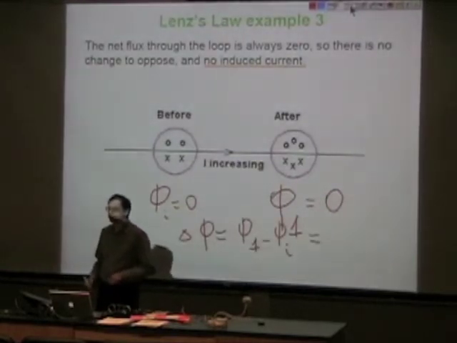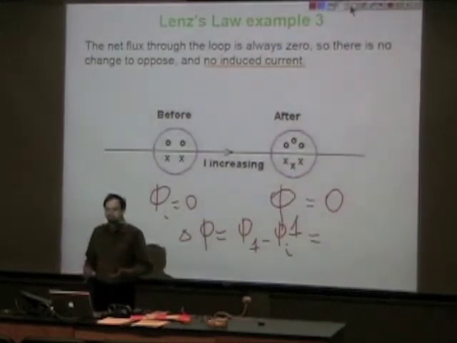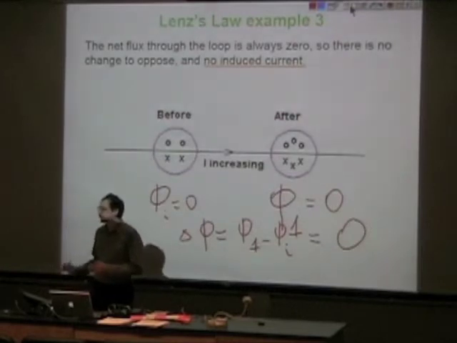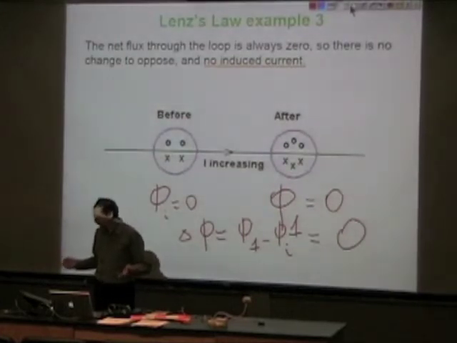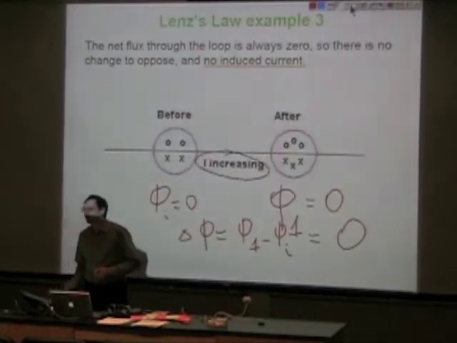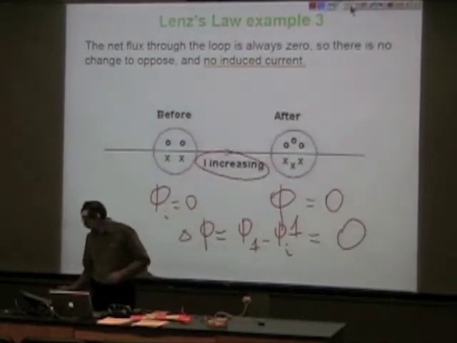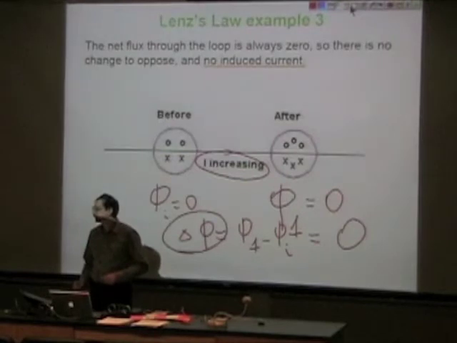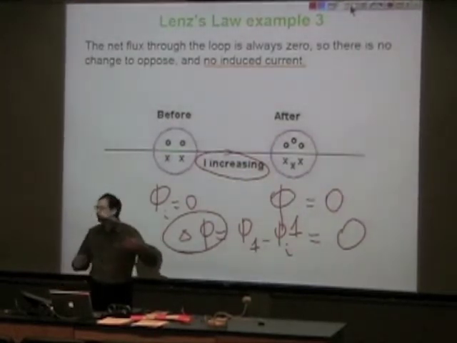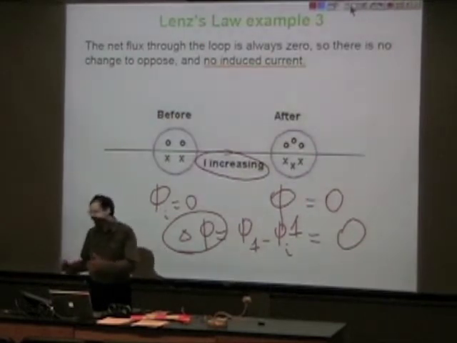It could be a positive number, it could be a negative number. However, in this situation, the change is 0 as well. Which means there is no change, no induced current, no induced magnetic field. So, some changes like this change might not lead yet to this change. If current changes or loop moves, like in the previous example, it doesn't necessarily mean that flux changes.